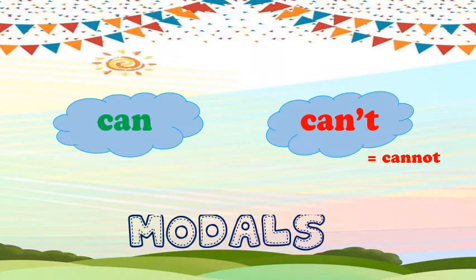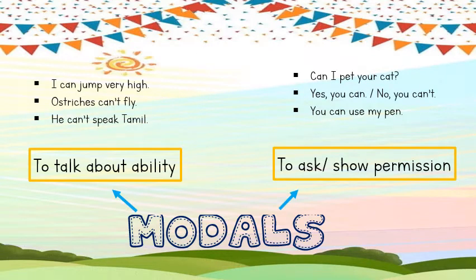In our previous lesson, we learned about can and can't. We use can and can't to talk about ability and also to ask or show permission.